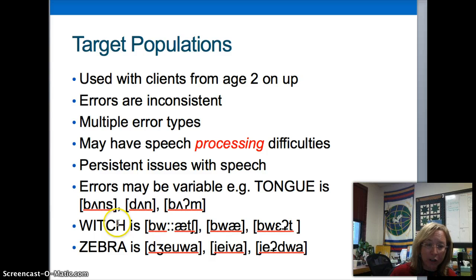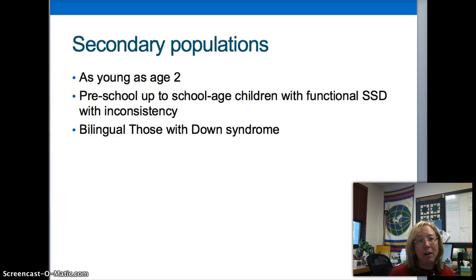Similarly, the word which could be produced as b, at, whack, or what. Zebra could be produced as jiwa, ayua, dwa. So you get many different productions of one target word, and that makes it difficult to describe, and difficult to imitate what they're doing as well.